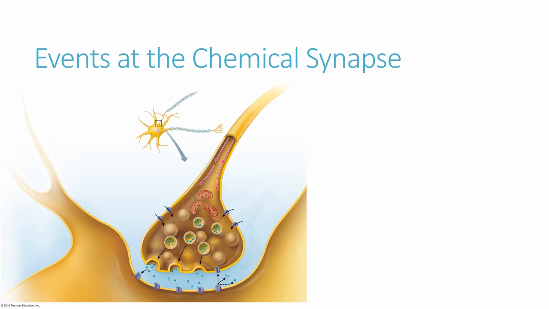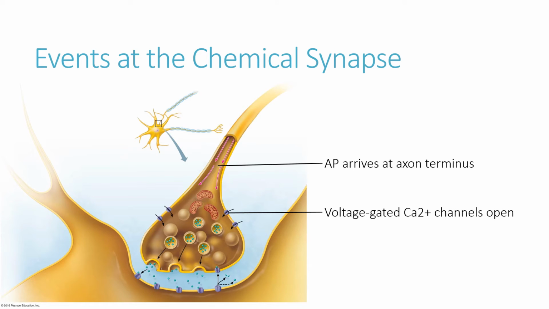The steps of a chemical synapse start with the arrival of an action potential traveling down the axon towards the axon terminus. That action potential opens voltage-gated calcium channels in the surface of the axon terminus.